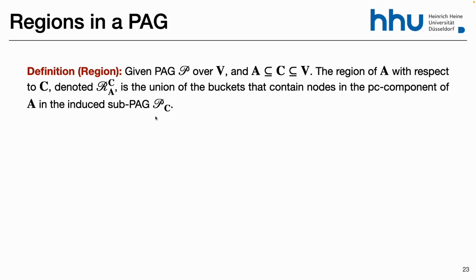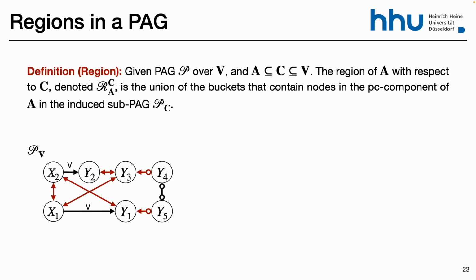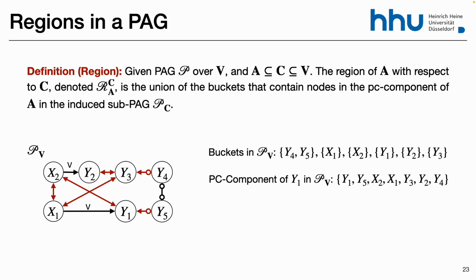We go by parts here. So let's see an example. I need the union of all the buckets for every node that's in the PC component of A. I'm just listing here the buckets, but I need the PC components of some set. And suppose that the set is Y1. So the PC component of Y1 in this example is everything.